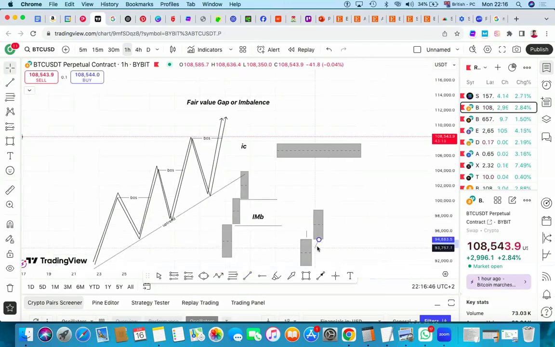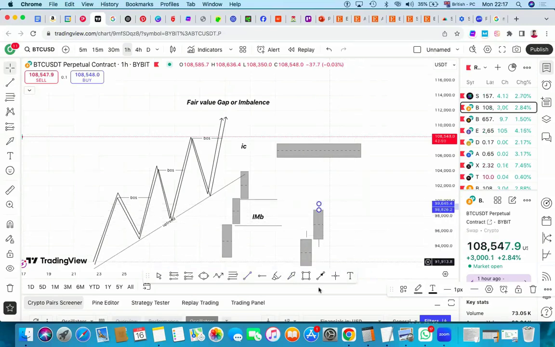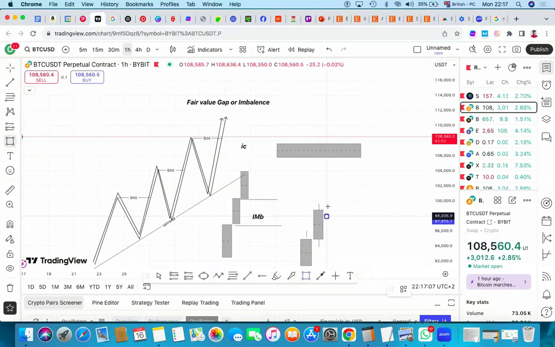Don't mind my drawings, but just for you to have a clear understanding of what we are talking about. So now you also have this, and then we have another Marubozu candle that is now covering from here, and this also is having a wick.